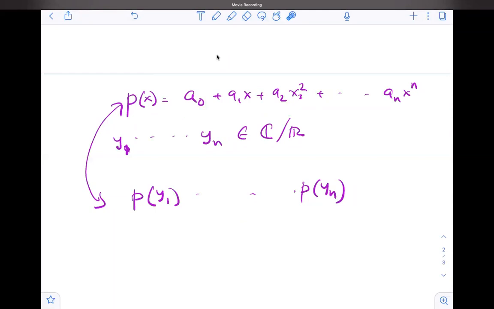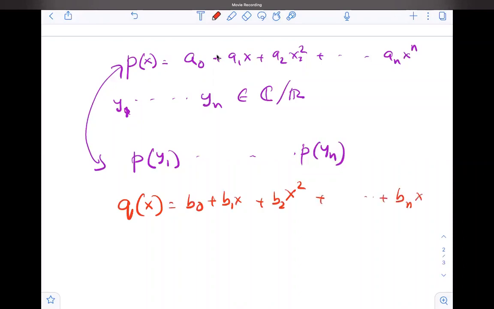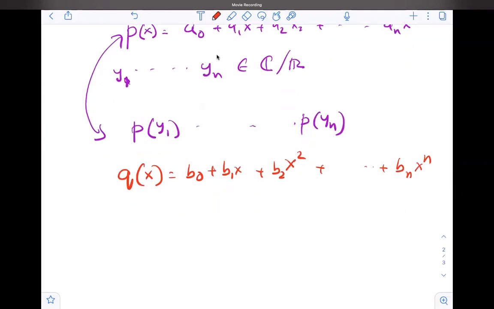With respect to this representation, the multiplication of two polynomials is very trivial. We just do pointwise multiplication. If this is one representation that has been given to you, then there's another polynomial that has been given to you like this, and you are trying to evaluate it at the same points y1 to yn.